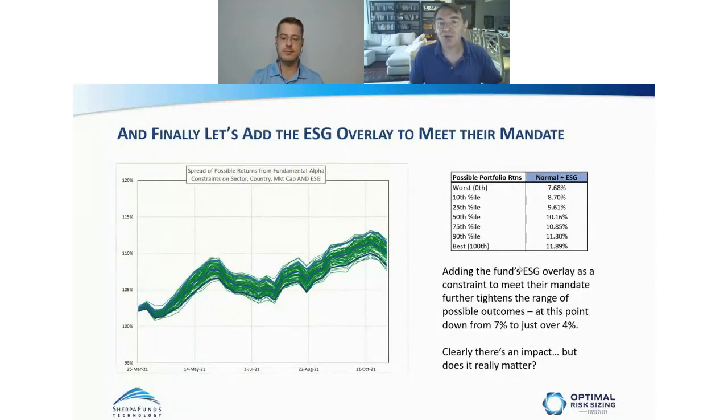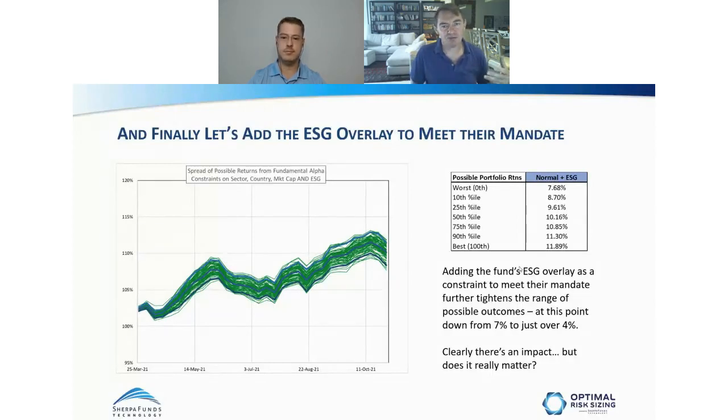Now, exactly how the ESG loadings are calculated and applied doesn't really matter here. The point is that this further reduces the possible set of portfolios, and you can see you end up with a narrower band again, a slightly more constrained band, and a lower median return, right?